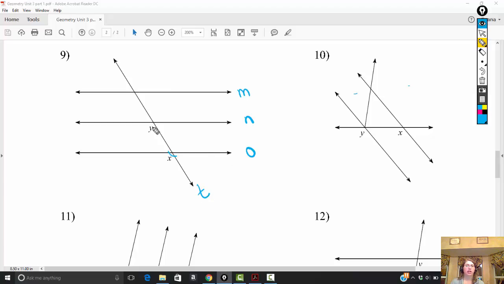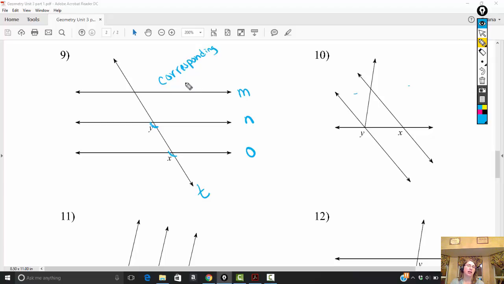And they give me these two angle measures right here, and I'm supposed to decide if they are parallel lines. Well, we know they look parallel, right? But let's use an angle postulate to prove that they're parallel. So if we look at these two angles, I have one angle right here and this angle right here, and that would make them corresponding angle measures.